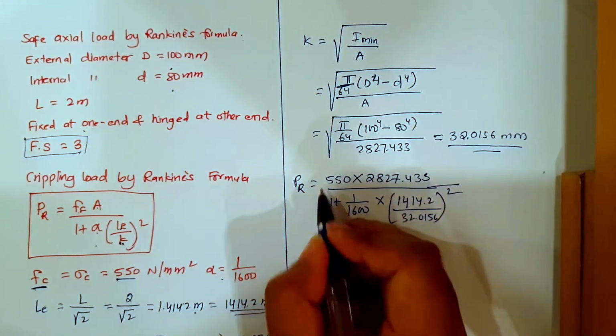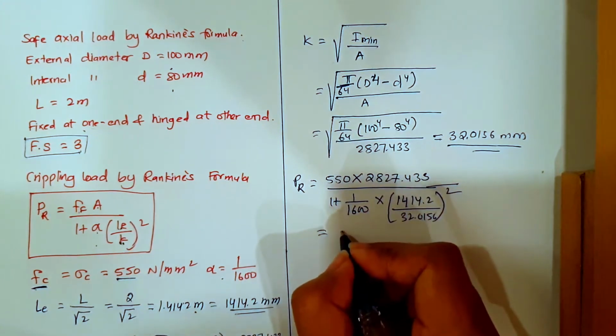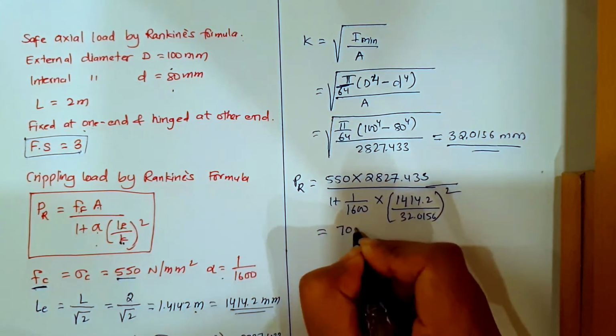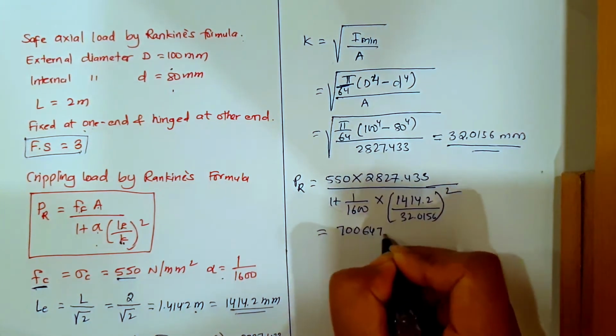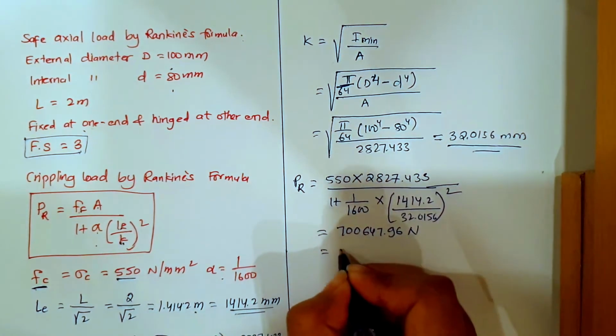Now if you solve this, PR we will be getting equal to 700,647.96 Newton.